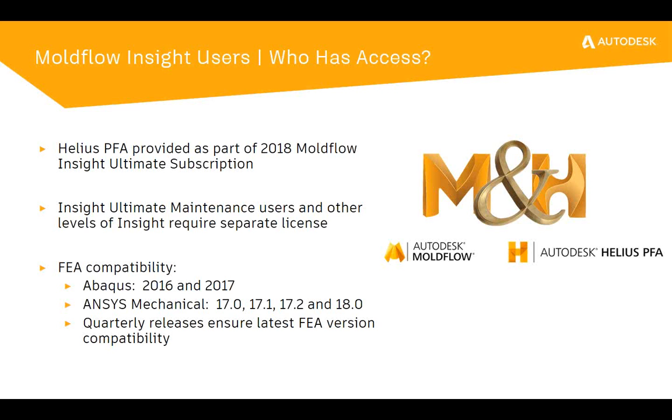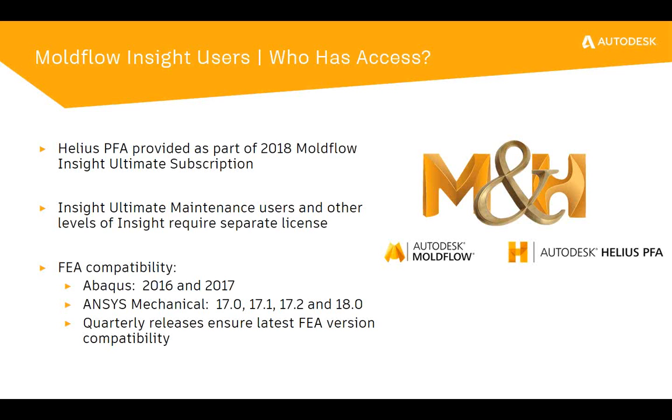Now there is a newer, minor release of ANSYS Mechanical. I believe we're up to ANSYS 18.2 actually. And one of the unique aspects of when Autodesk made the business transformation from perpetual licenses to subscription licenses is that we're now able to release both our Moldflow and our Helius PFA products on a quarterly release schedule.